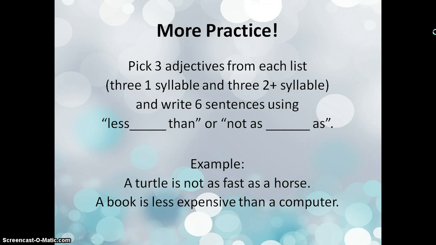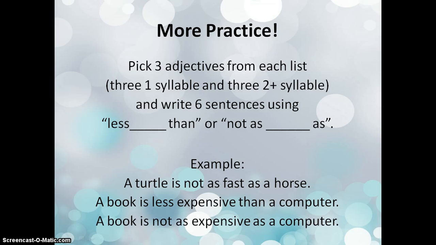But remember, with 2+ syllable adjectives, I could also say, a book is not as expensive as a computer. Alright, choose 3 words from each list and write your 6 sentences.